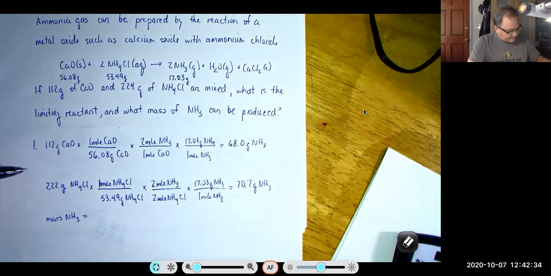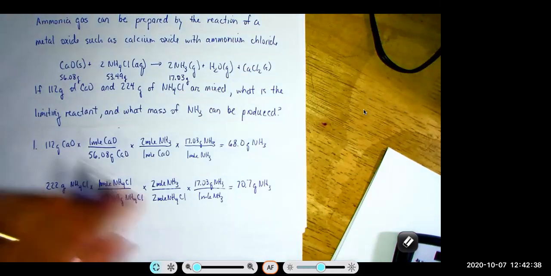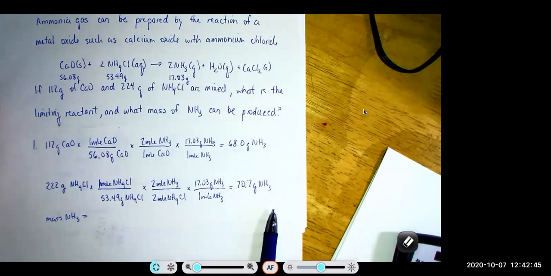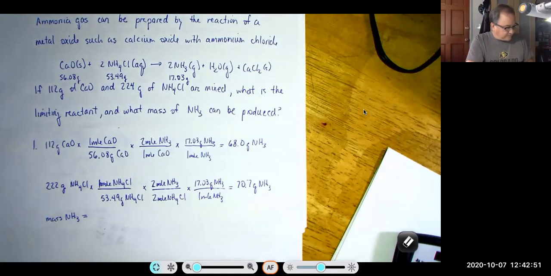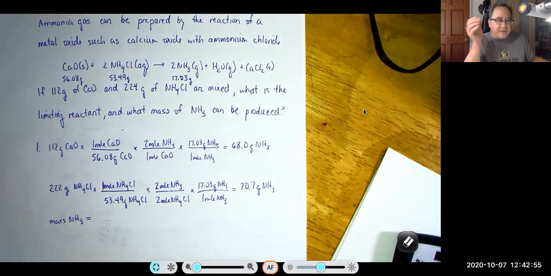Don't you add them? No. Remember, with the bicycles, we could make 2 and 5, right? Did we add them and say we can make 7? No, we didn't. So what did we do?